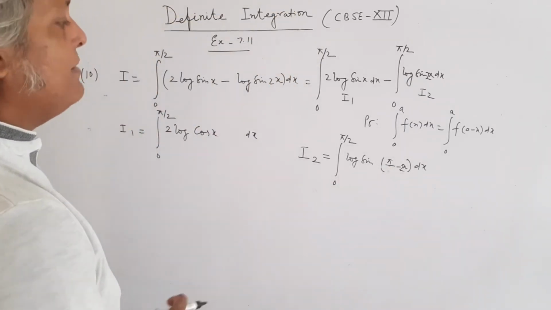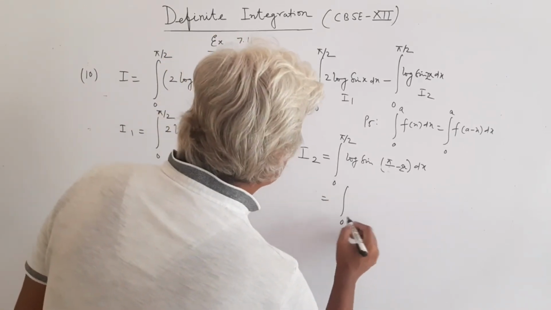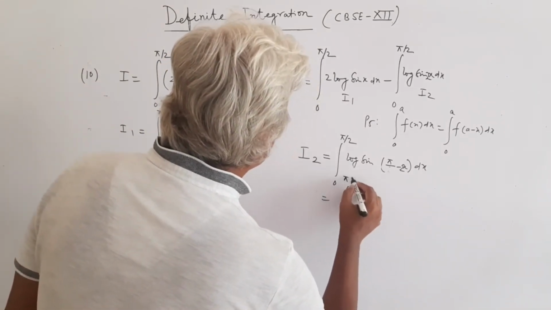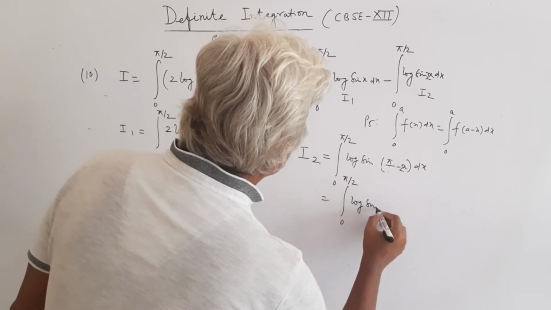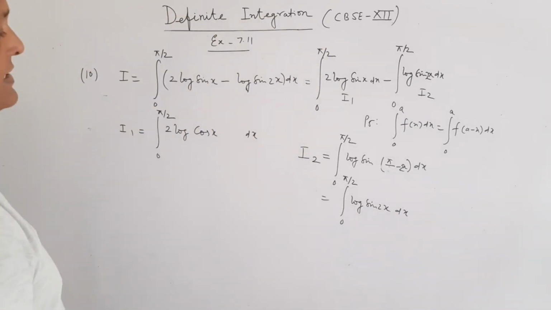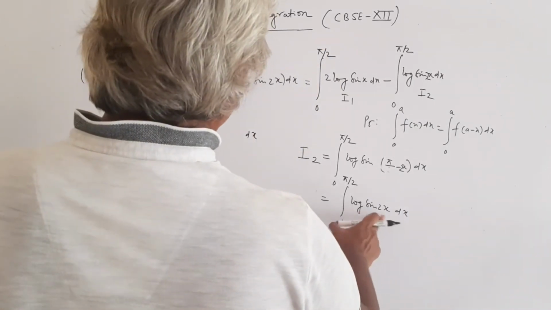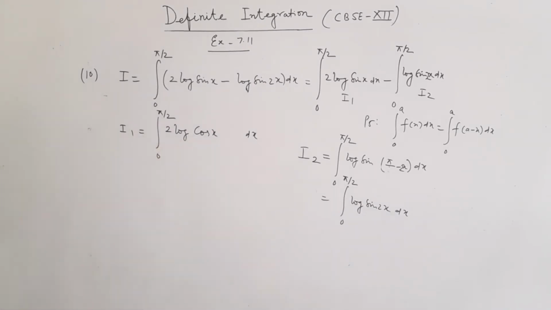Now sin(pi minus 2x) is just sin 2x. So here my I remains same. So 0 to pi by 2 log sin 2x dx.